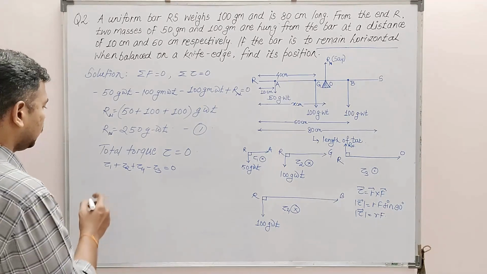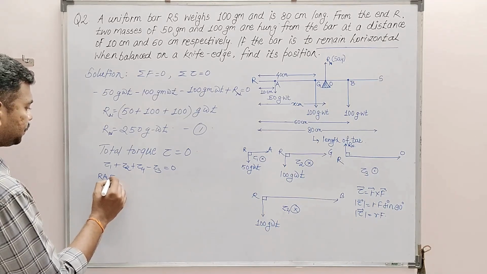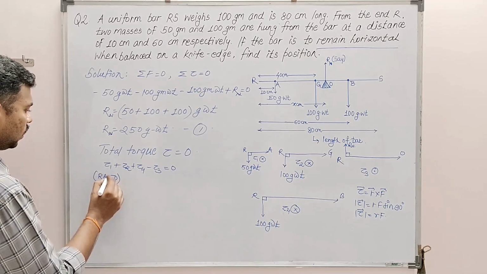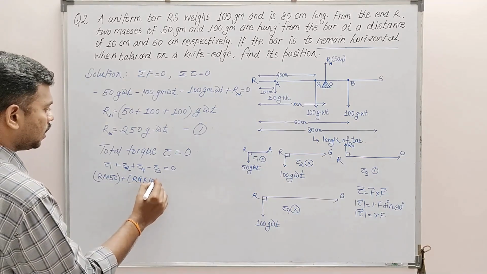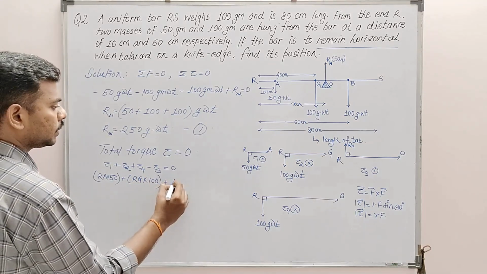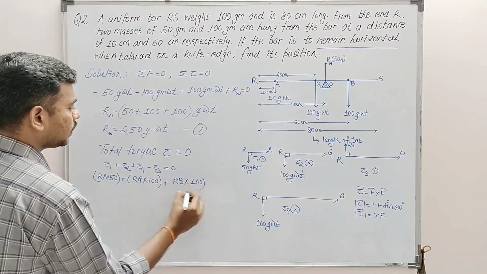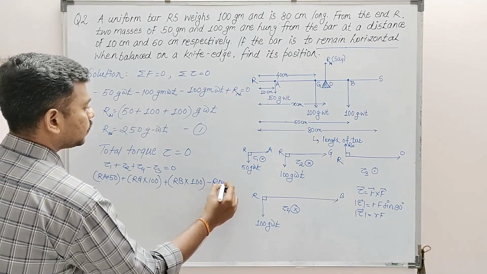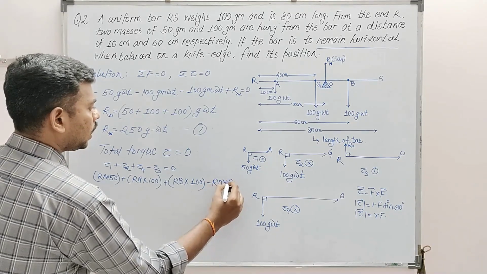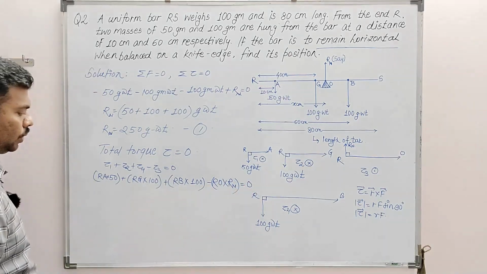Now what is torque 1? It is Ra into 50, then Rg into 100 plus Rb into 100, minus Ro into Rn, and that goes to 0.